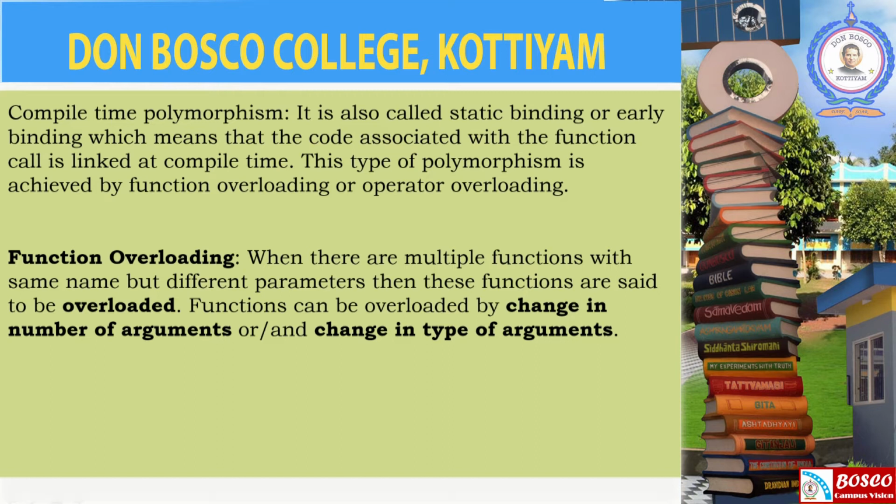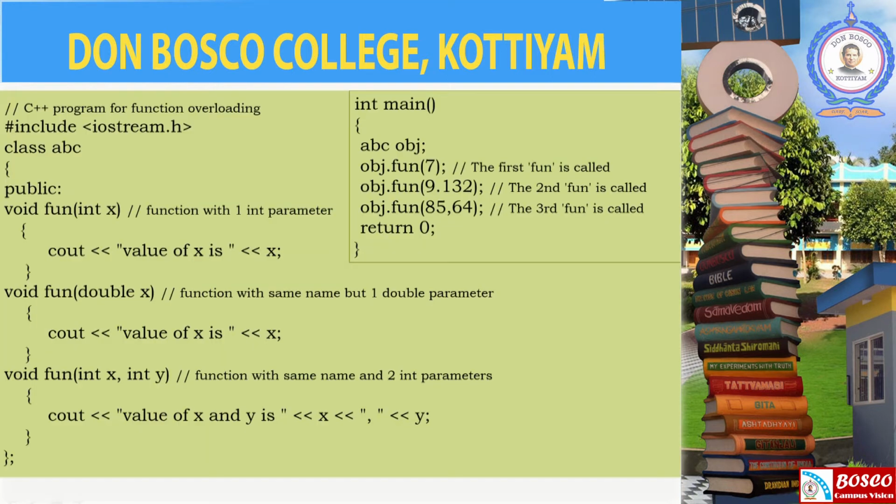We can see an example. Here is an example for function overloading. In this example, there are three functions with the same name. There is a class A, B, C, and in the public section there are three member functions with same name fun.